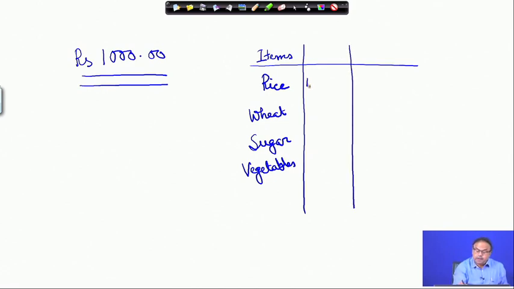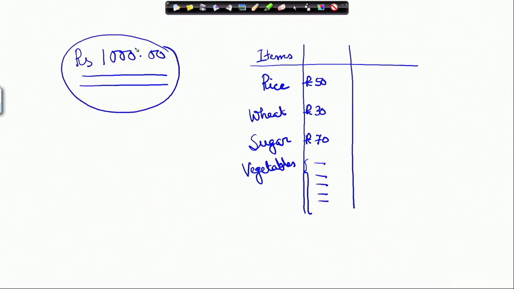Rice may be rupees 50, wheat may be rupees 30, sugar may be rupees 70, and vegetables, depending on the variety, have different prices. Now, suppose you have been given this amount of money and you have to buy the maximum amount of rice possible.